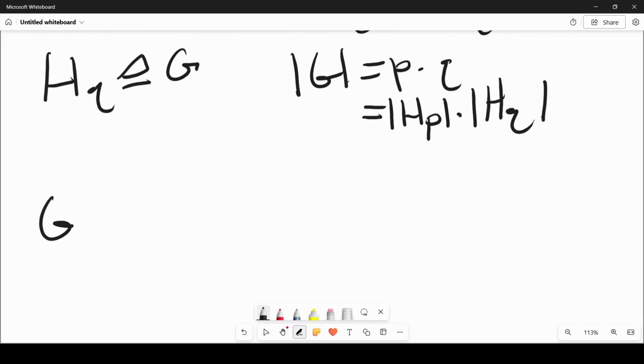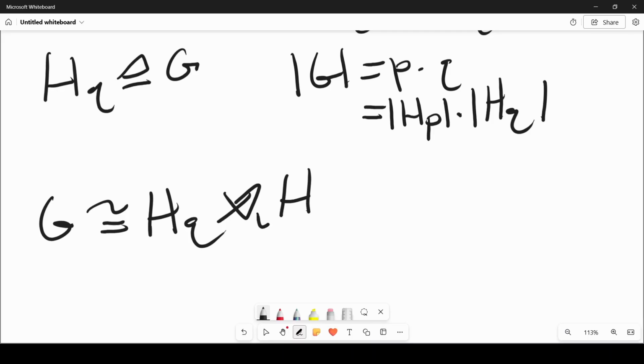Thus, I get that G is isomorphic to HQ semi-direct product HP. And now we're going to do a little more analysis of what this varphi is. So recall that HQ is Z mod Q and HP is Z mod P in this case, so I get the theorem I stated before.